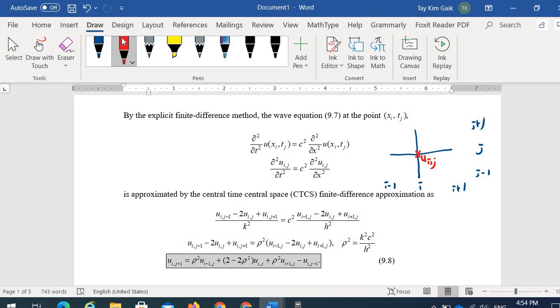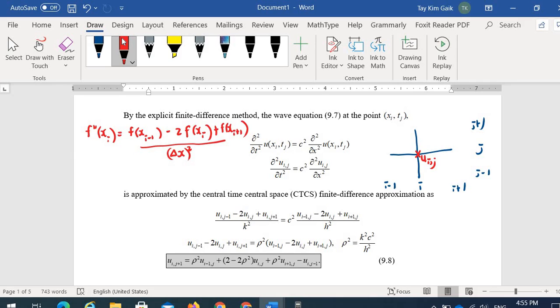So using 3-point central with respect to time t, which is vertical. And recall how we get the second derivative, y double prime of x. It will be f(x_{i-1}) minus 2 f(x_i) plus f(x_{i+1}), divided by delta x squared.